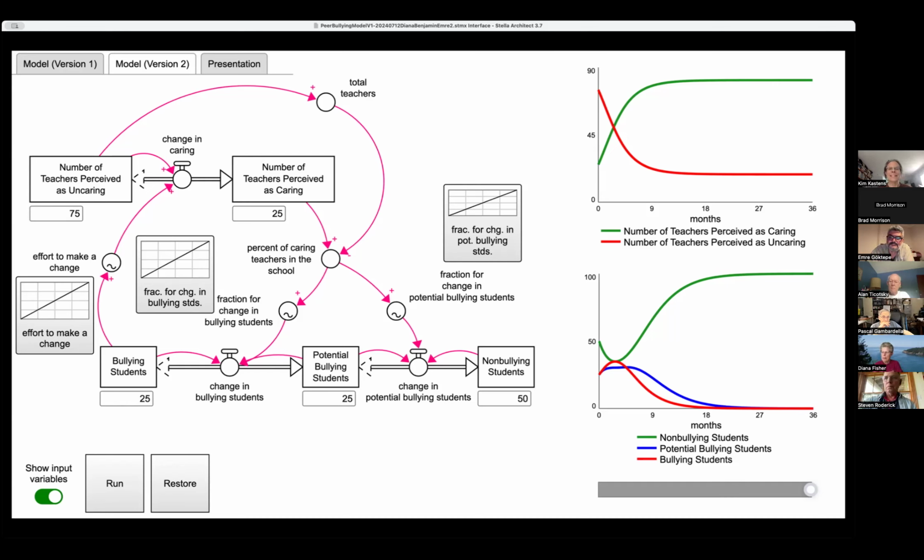Yes, so my comment is in the same vein as the other ones. Similarly, I admire your plunging into trying to make a runnable model of this complicated system, but I'm just feeling troubled by a number of teachers perceived as uncaring and a number of teachers perceived as caring, because I feel as though that is saying that a teacher either doesn't care about any students or they do care about all students.